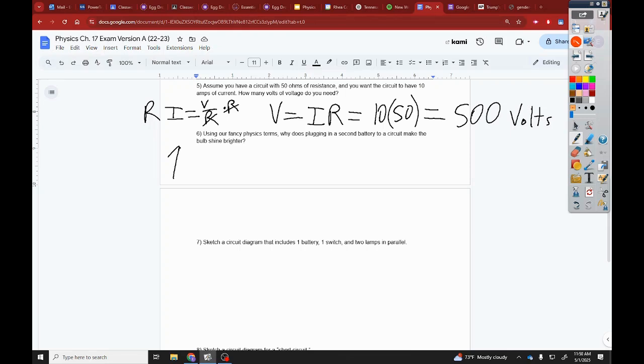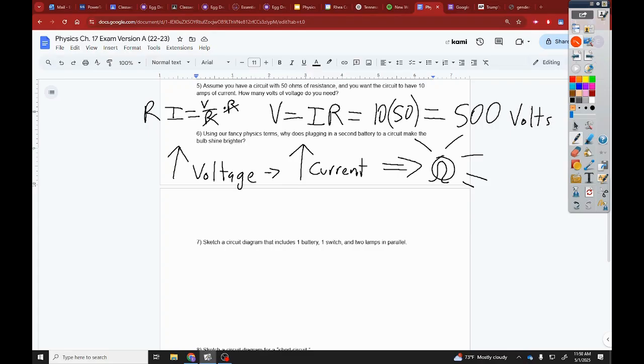So an increase in voltage leads to an increase in current, which yields a much brighter bulb. Well, assuming you increase it by a lot.